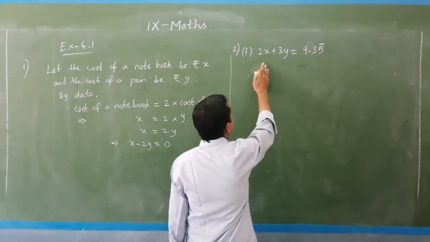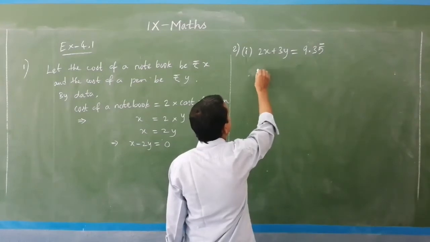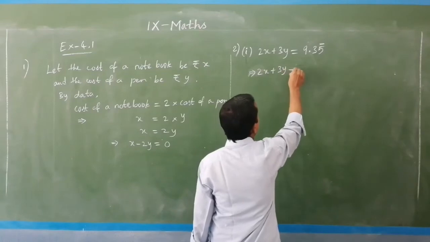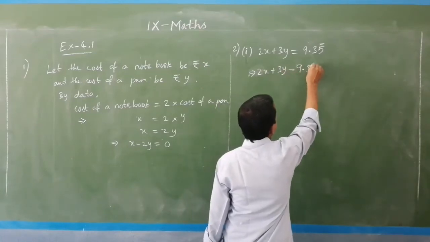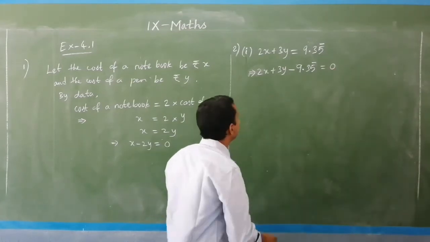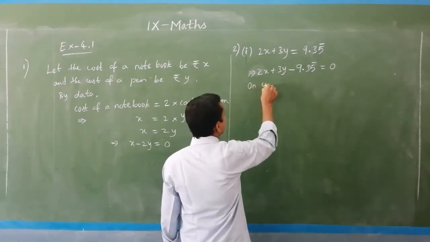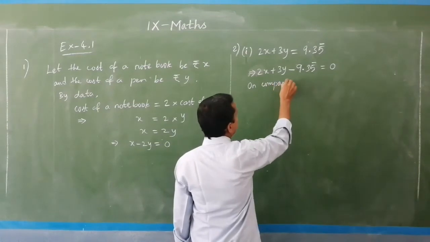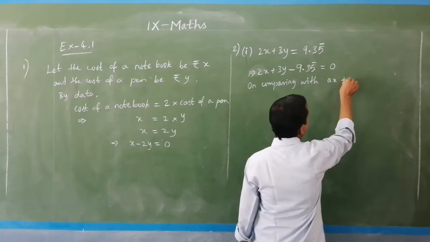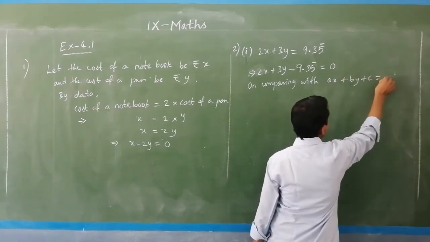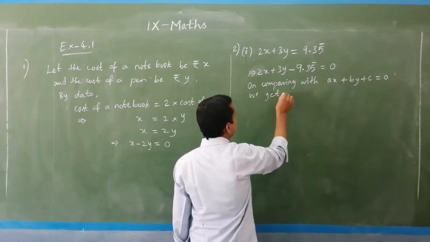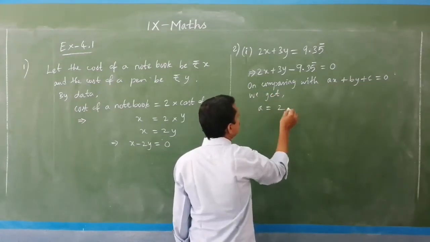So, first of all, you have to write this in general form: 2x plus 3y minus 9.35 bar is equal to 0. So, this is the general form. On comparing with Ax plus By plus C equal to 0, we get A is equal to 2.